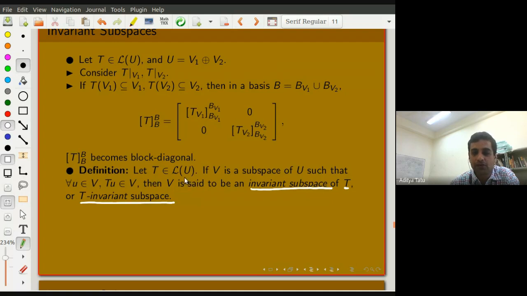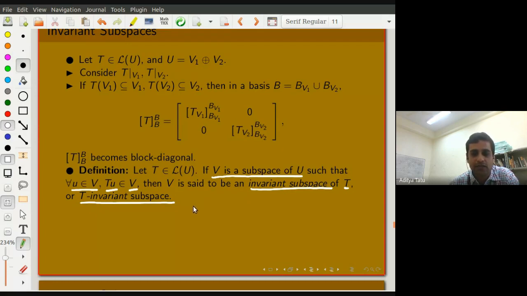Let T be a linear operator on U. If V is a subspace of U such that for all elements u in V, T u belongs to the same subspace V, then V is said to be an invariant subspace of T.